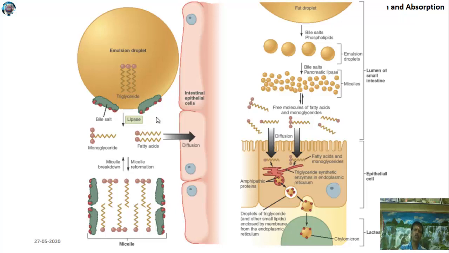are broken down into micelles, and then the micelles are again degraded into glycerides as well as fatty acids, and once glycerides and fatty acids are formed, they are going to enter into the intestinal luminal cells.